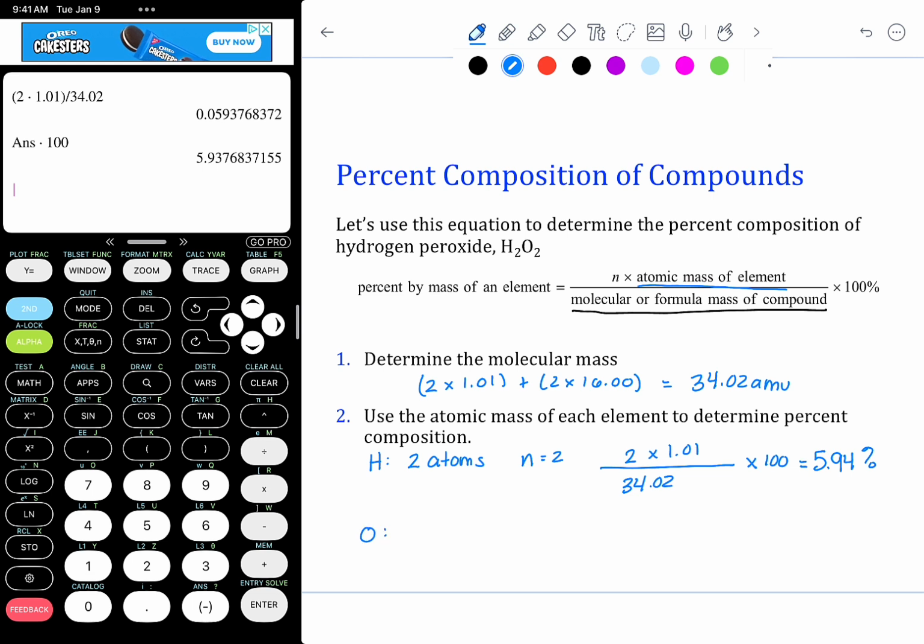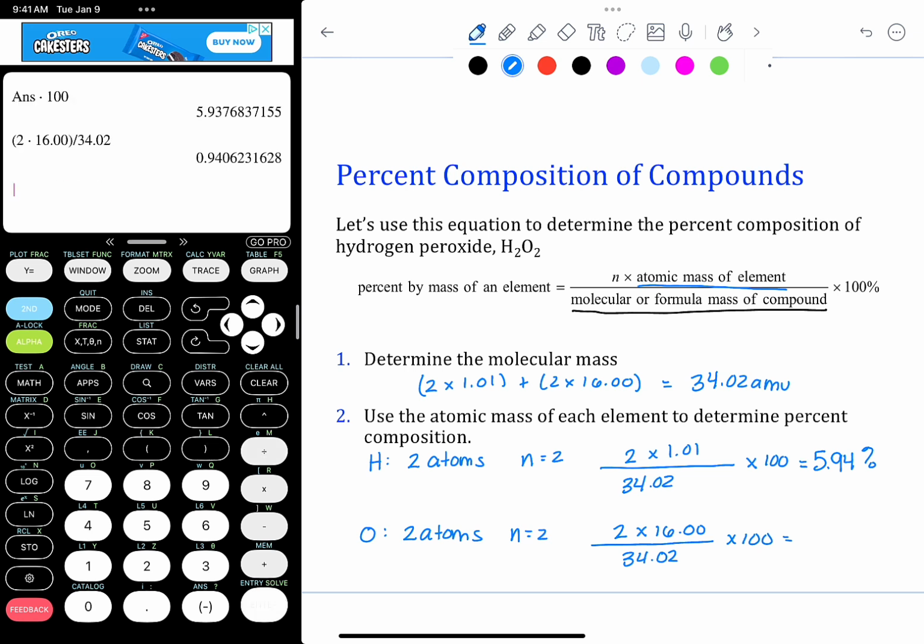If we look at oxygen, that also has 2 atoms, so N is equal to 2. Now we're going to take 2 times the mass of oxygen and divide it by the total mass of hydrogen peroxide and multiply that by 100. So we take 2 times 16 and divide that by 34.02.